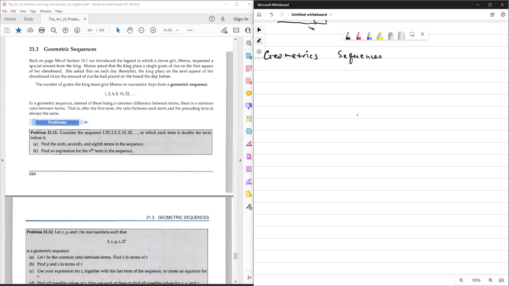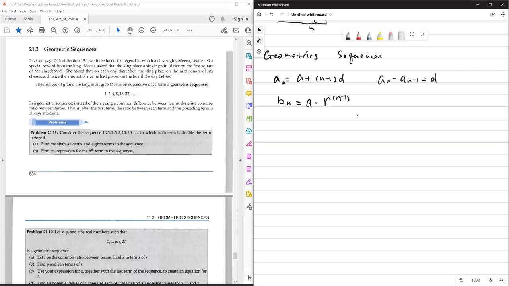So for arithmetic, we have a plus (n minus 1)d for a_n, so a_n minus a_(n-1) equals d. For a geometric sequence, let's call it b_n, it is a multiplied by r to the n minus 1.